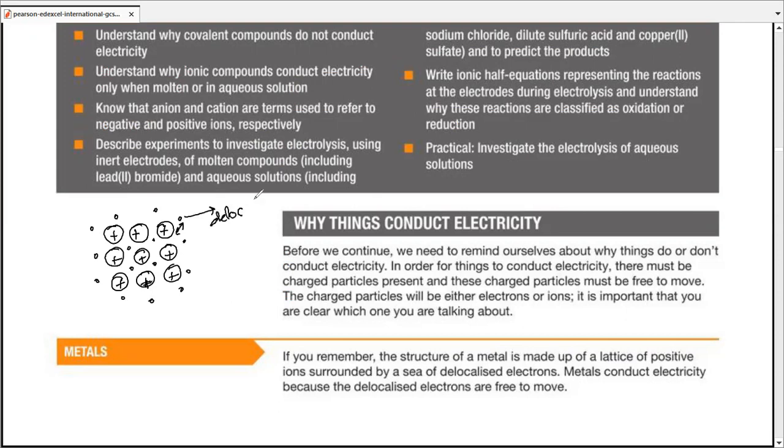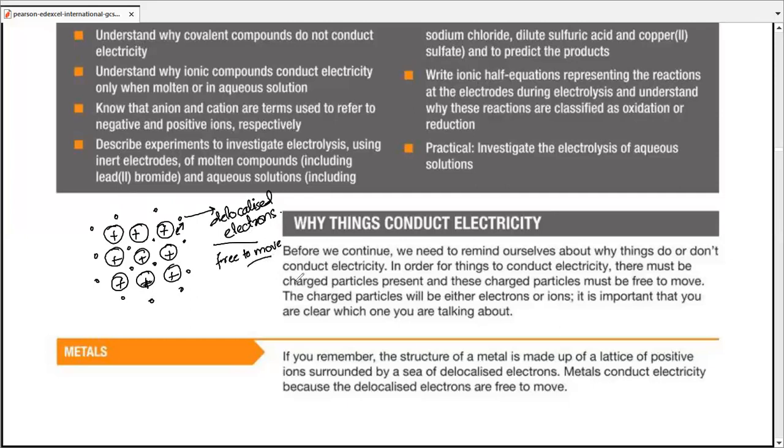By delocalized, I mean the electrons that got out of their valence shells, as metals like to lose electrons, and surround the whole structure. Now, there are a number of electrostatic forces between these positive ions and their nearby delocalized electrons. As these delocalized electrons are free to move, the metal is able to conduct electricity.